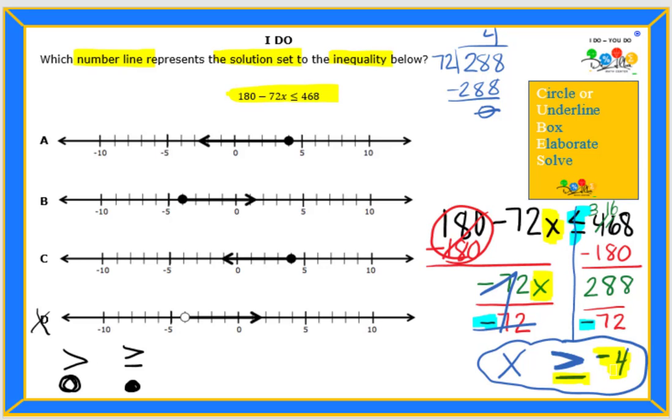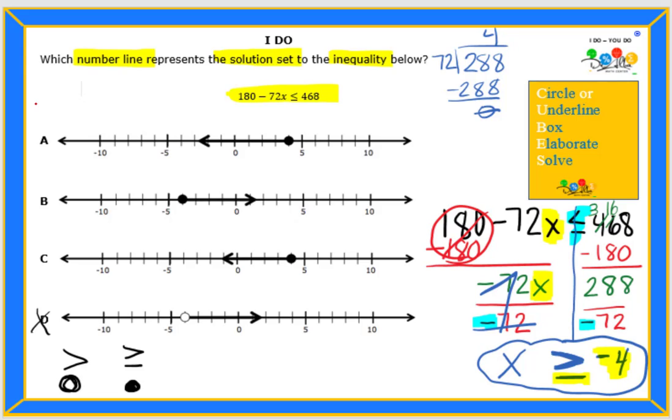Now, instead of going in this route and looking for it, I'm actually going to come over here because I would like to review what these number lines are showing. So let's look at letter A and see what this is saying. What's our starting point? This is a positive 4. And this one is going to the left.